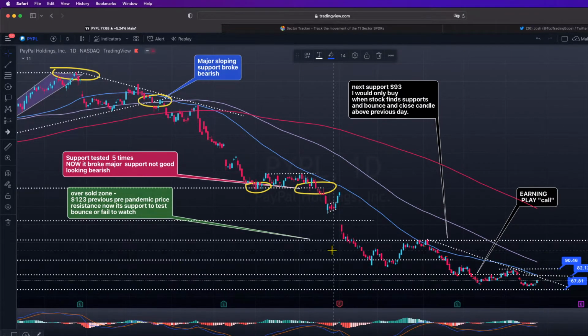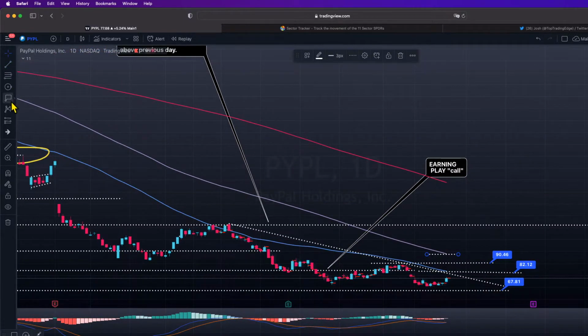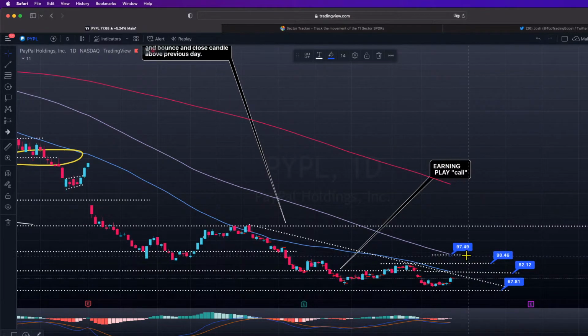These are the areas I can see, and then a bunch of resistance, guys, right here, another 100 moving average here also. Let me show you closer here. So these are the areas right now: 77, 82, 90, 97, and I think 97 is the max.